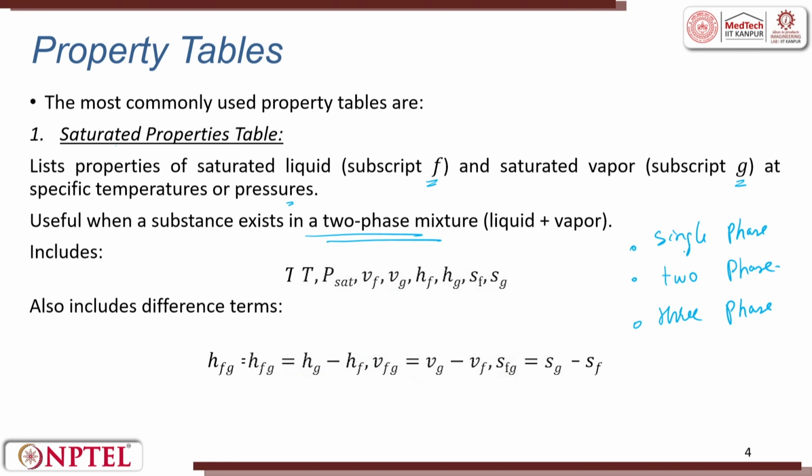If you look at examples, single phase means it is one fluid. It can be fully solid, fully liquid, or fully gas: single phase. When you have two phases, water and air, or steam and liquid, whatever it is, that is called two phase.